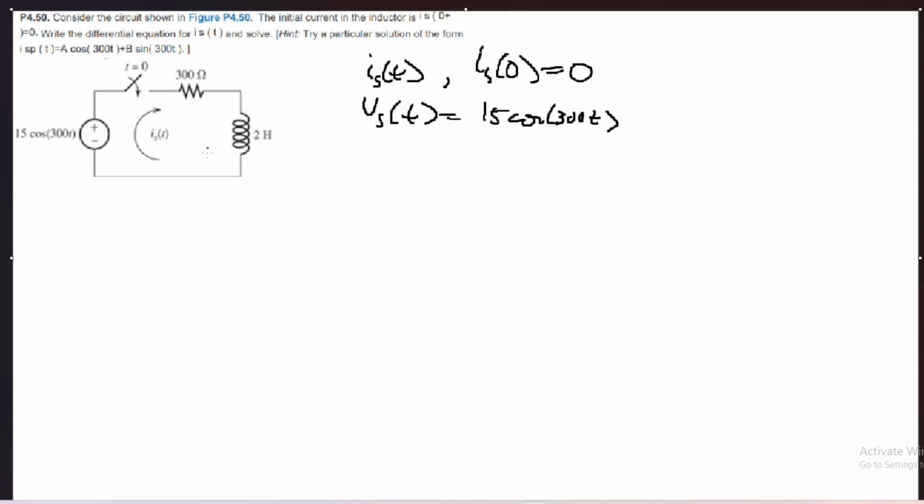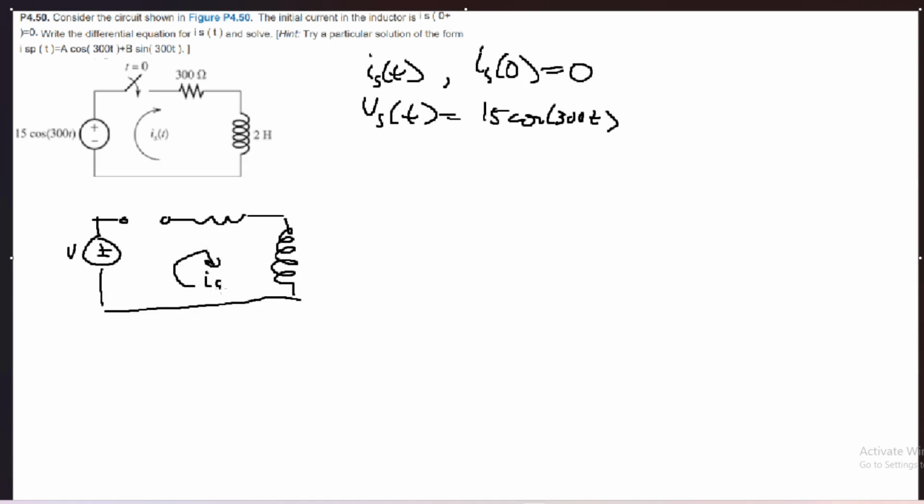So we can just say that this whole system is modeled this way, with the 300 ohms, the 2 Henry inductor, and then we have Is of t flowing this way, right? Then we can set this up using KVL.